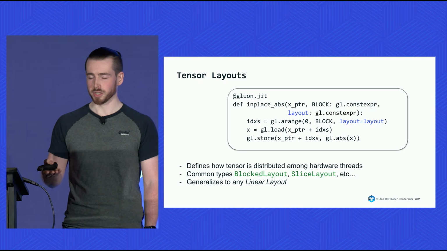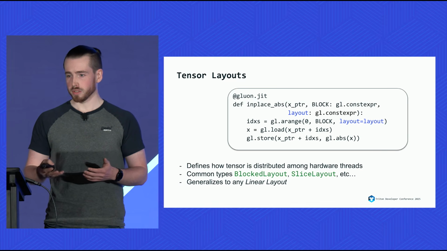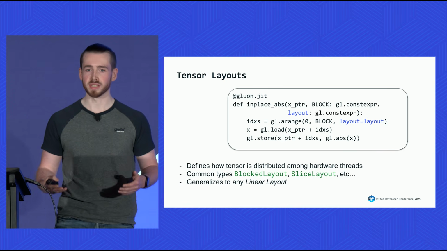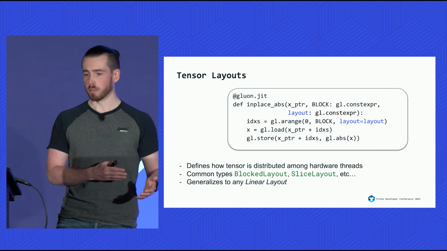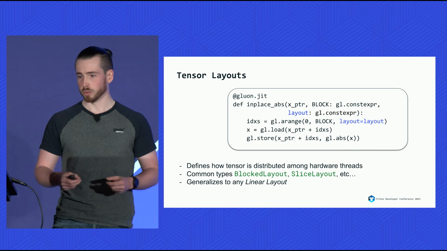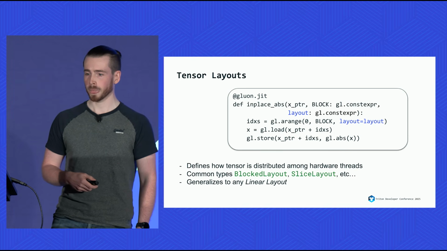If you're a Triton developer, you'll be very familiar with it, but it's an extra attribute that's part of the tensor type that actually defines how we distribute the data in that tensor among the different threads in a warp and how the registers within the thread contain the data.